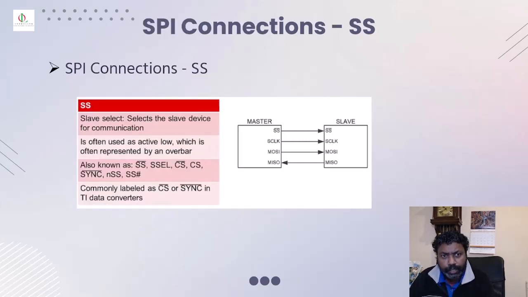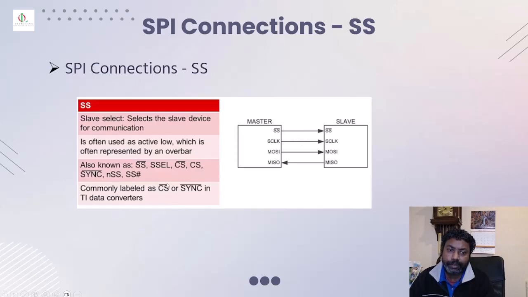Now let's see how the slave select is done. Slave select selects the slave device for communications. It is often considered active low. As you can see, there is a bar over SS, slave select, and it is sometimes called by other names, such as SL or CS bar, chip select bar, or chip select sync.